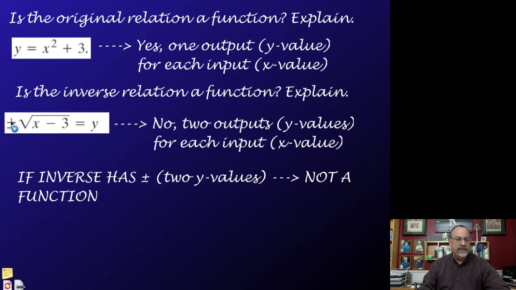So whenever you have a plus or minus in front of the expression, that expression is not a function. When you're asked that question, the only thing you have to look for is a plus or minus. If you have a plus or minus, it is not a function. All other scenarios will be a function for what we're dealing with right now.